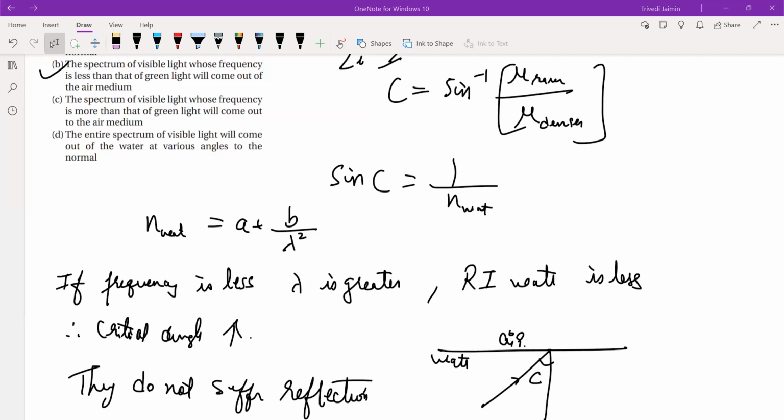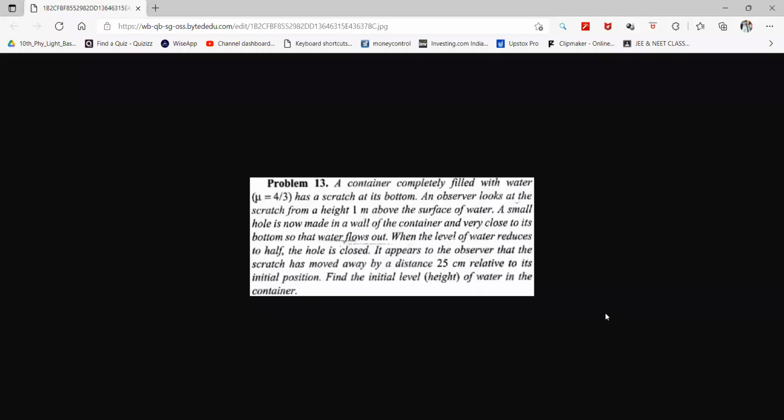Complete solving. Shall we change screen? I want to show you the question which she gave. Can you see the question, everyone? Is it visible to all? Atisha?